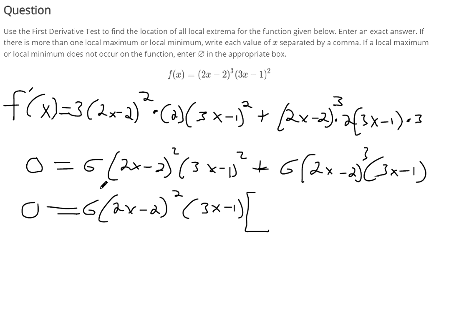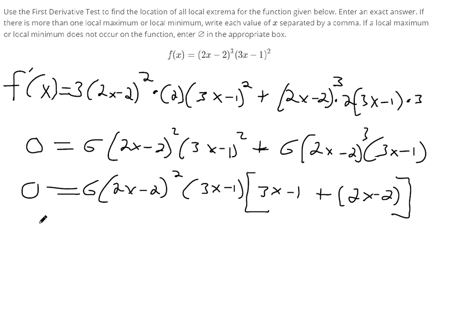So left over, when you divide this term by 2x minus 2 squared, by what we found in common, we were left with 3x minus 1. And then here, if you factor out the 6, you factor out 2 of the 2x minus 2 squareds, so we're left with 2x minus 2 over here, because the 3x minus 1 also got factored out.